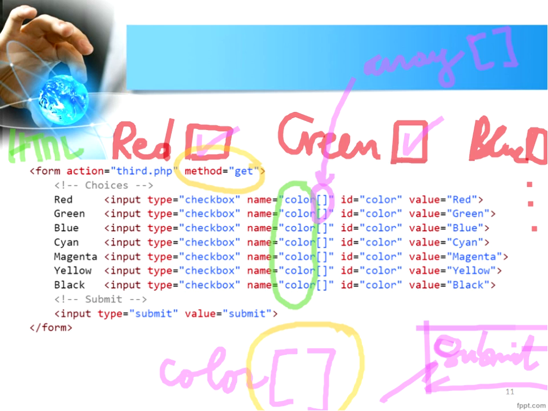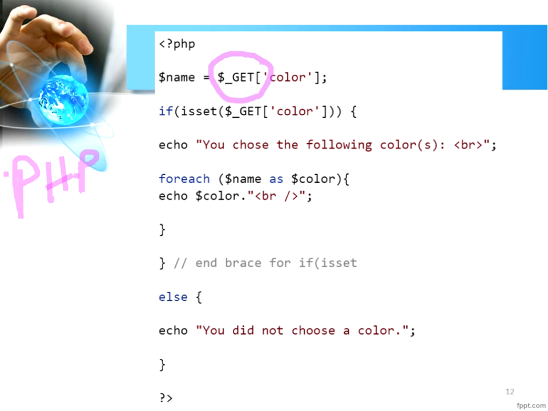Is it clear? So I want to get the checked checkboxes from the HTTP request. Let's suppose that I check only red and green.